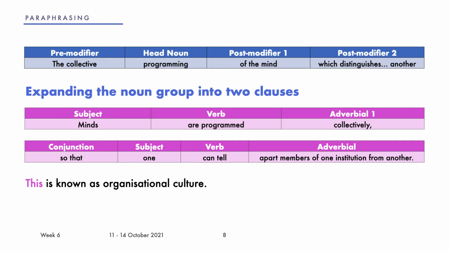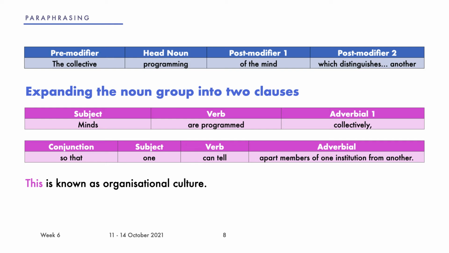And then you may want to expand the next post-modifier, so one can tell apart members of one institution from another. And you may also add a conjunction showing that the collective programming plays a purpose in the institution, in the company, for example, to distinguish or to differentiate members of different parts of an organization.